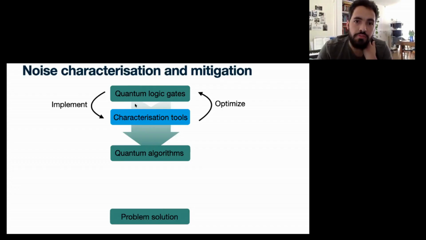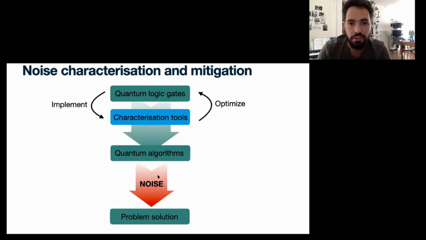Of course, as I said before, these quantum logic gates are never perfect, no matter how hard you try. So the direct route here is not going to work. There will be noise, and this noise is going to basically ruin the computation. So it might give you, with some probability, a completely random answer, or maybe it'll always give you a slightly wrong answer. There's many ways in which this can go wrong. So taking this direct route, just naively implementing your algorithm, isn't going to work.